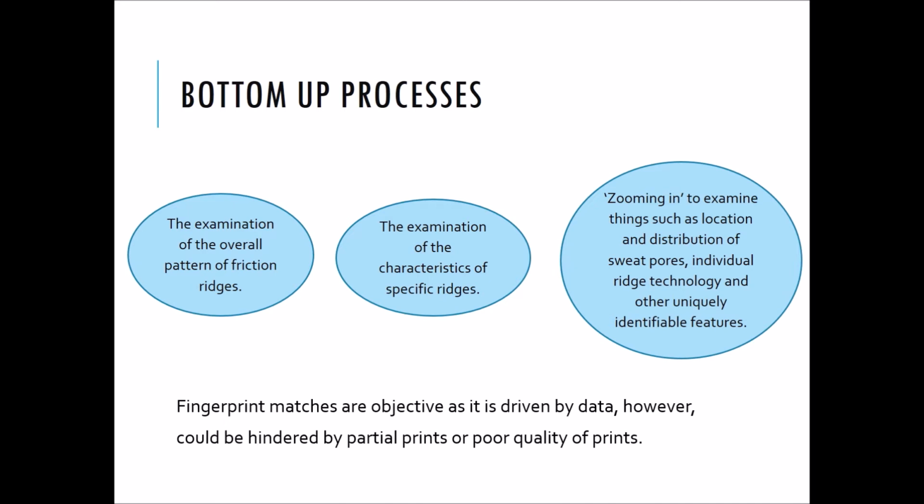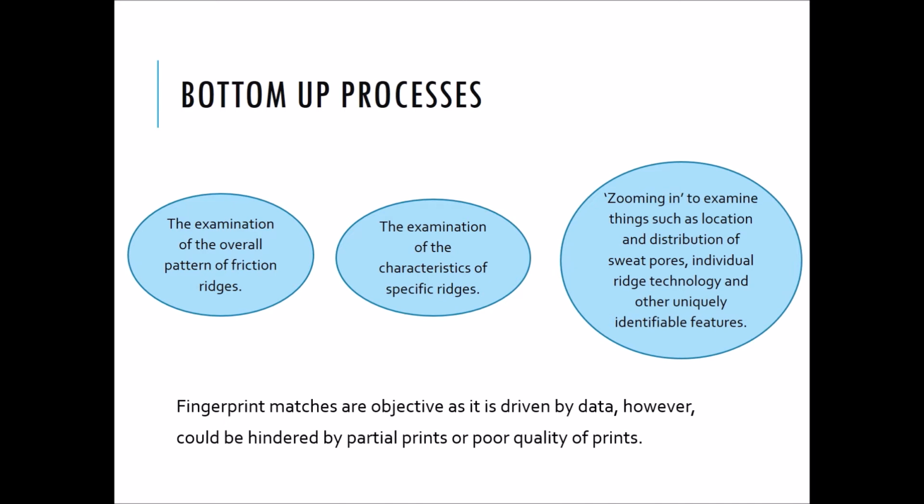So in other words, we kind of zoom in, as it says here, to examine things such as location and distribution of sweat pores, individual ridge technology, so looking for those kind of like ridge endings and short ridges and ridge dots, and other uniquely identifiable features.